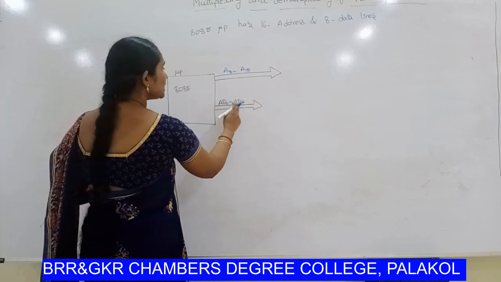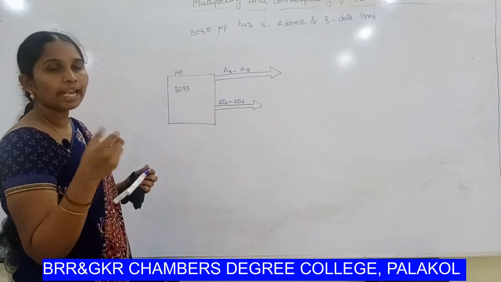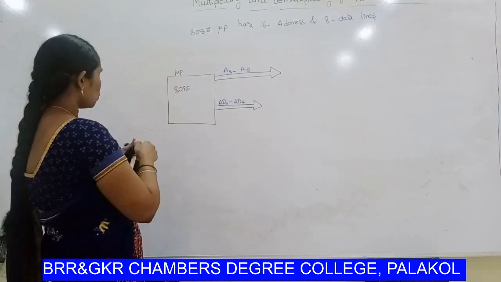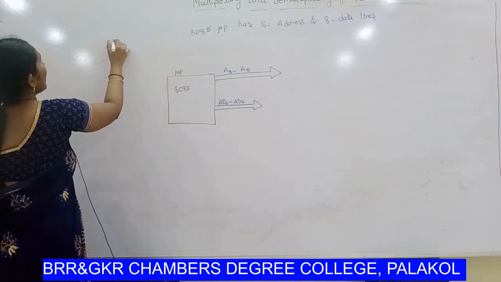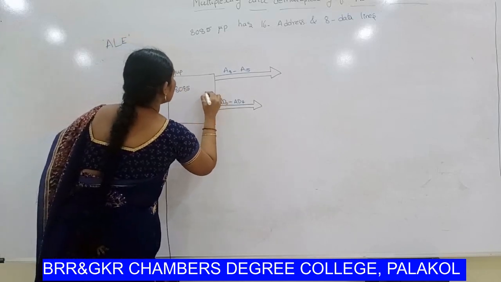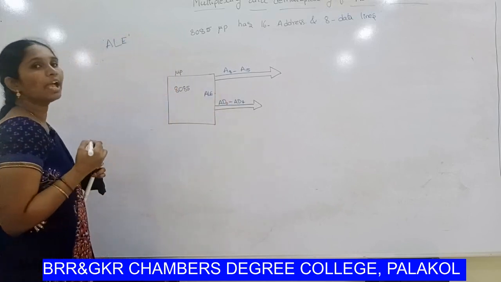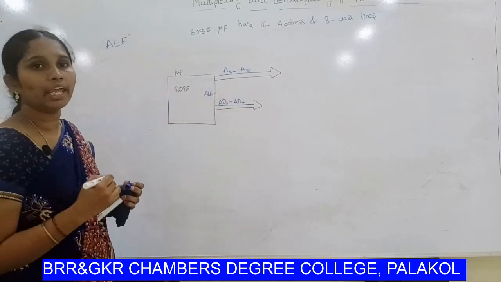This AD0 to AD7 is separated by using a signal. That signal is called ALE. ALE is nothing but an address latch enable.